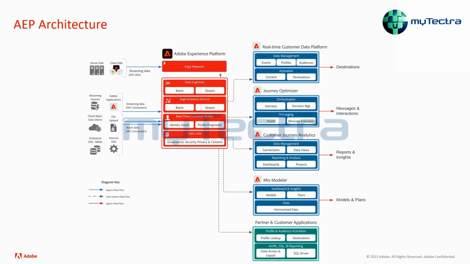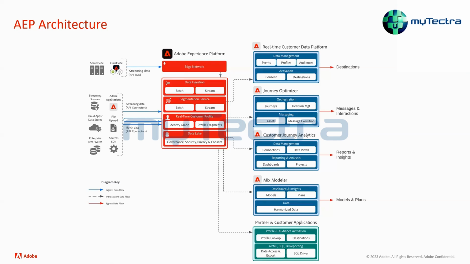It comprises different layers. The first layer is the data ingestion layer. You can see here that data is coming from numerous sources and channels. For example, the data may be stored in an S3 bucket or SFTP bucket, or maybe some other Adobe platform.